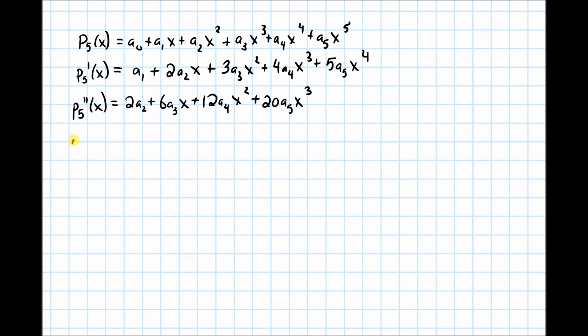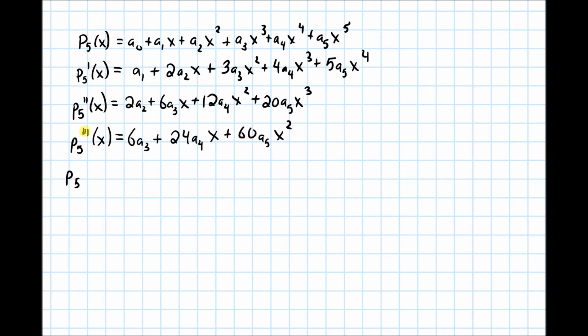Okay, so we got to do 3 more derivatives, because I said all the way up to 5. So third derivative. 2a2 is a constant, so its derivative is 0. I'm going to start to do this a little bit more quickly. The next term's derivative is 6a3. The next one would be 24a4 times x. Last term, the 3 comes down, and I'll get 60a5x squared. 2 more to go.